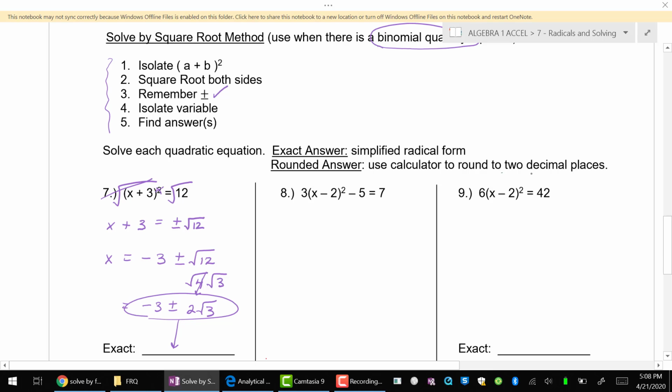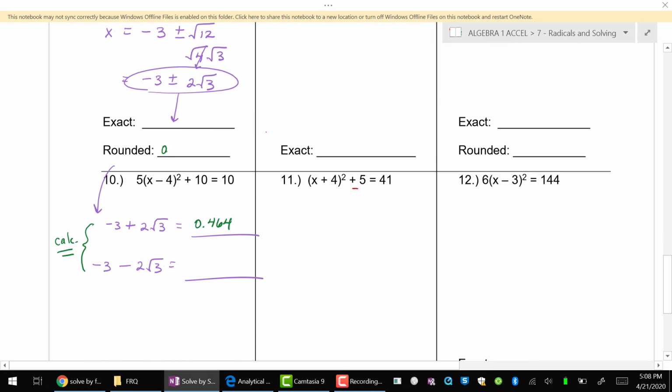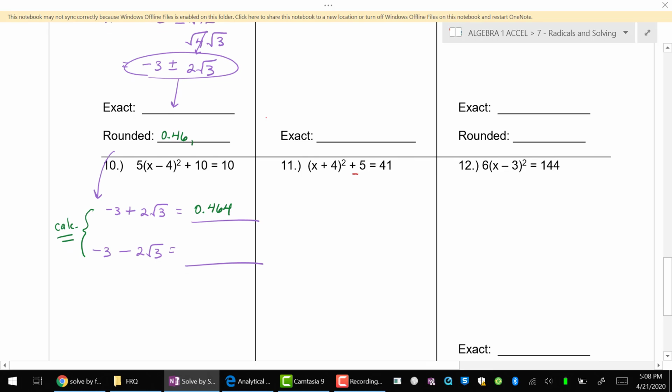It says round to 2 decimal places once again, so we'll go ahead and do that. 0.46 is my first solution. And then negative 3 minus 2 times the square root of 3 is negative 6.464. So again, we'll round that just to 2 decimal places and call it negative 6.46.